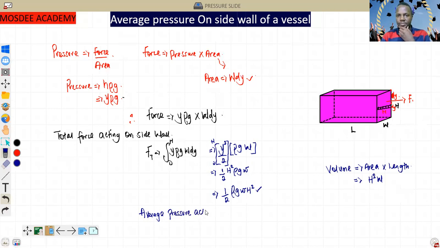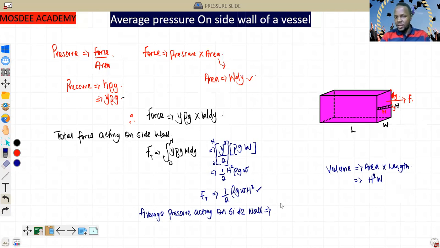The average pressure acting on the sidewall. The formula here is for force. I hope you know, this is the total force acting on the sidewall. Now, from what I have written here, pressure is force divided by area. So what is the force we have?